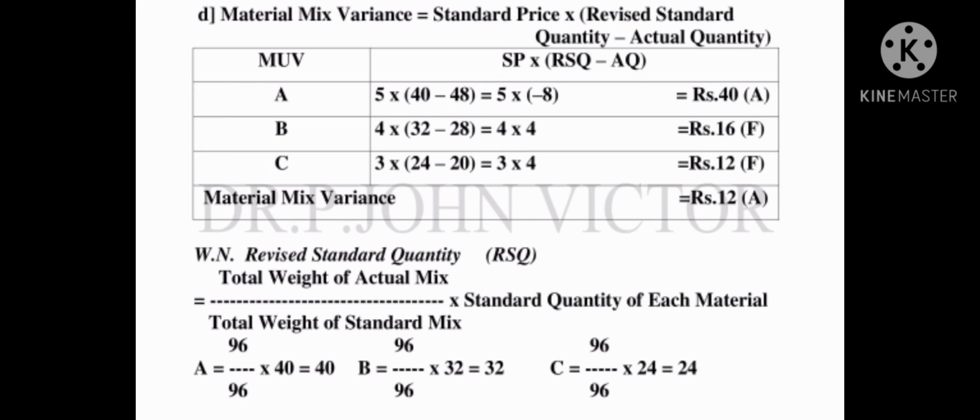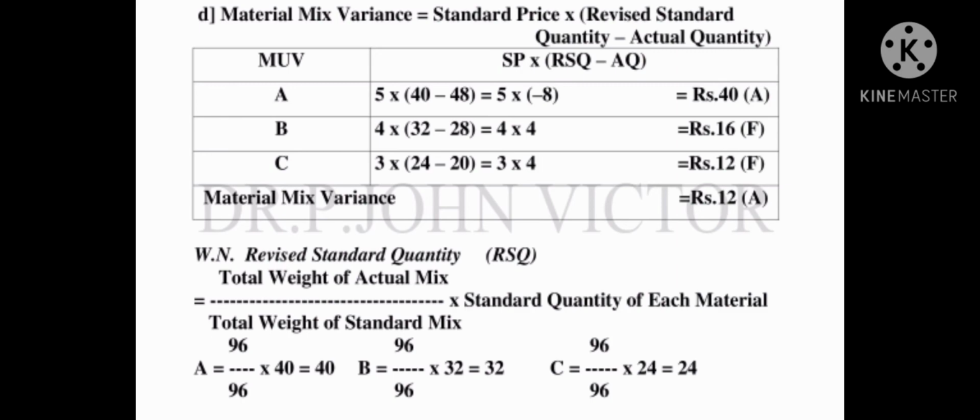So that's what I have taken, 96 divided by 96 into, as per formula, standard quantity of each material. Material A value is 40 units. So that's what I have taken. So when we divide and multiply, we get 40 as the value. Likewise, product B, here also the total weight of actual mix and standard mix are the same. There is no change. So that means 96 by 96.